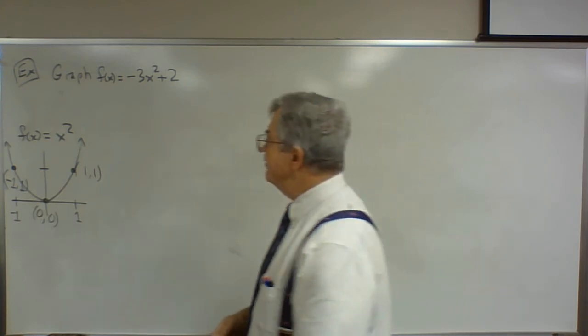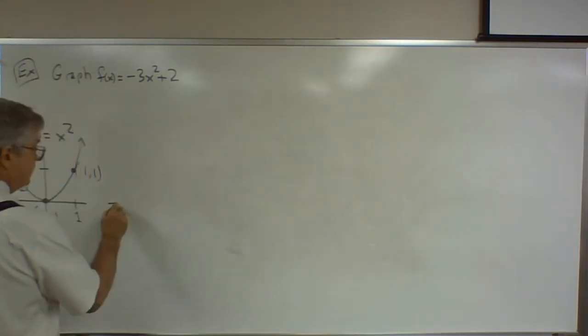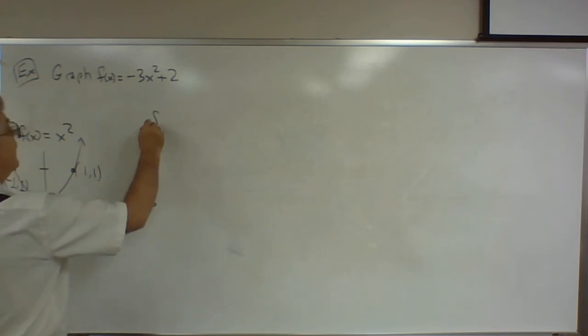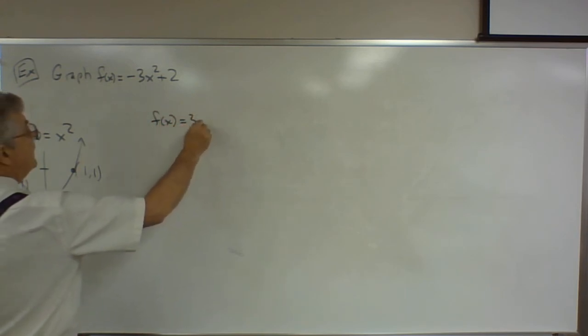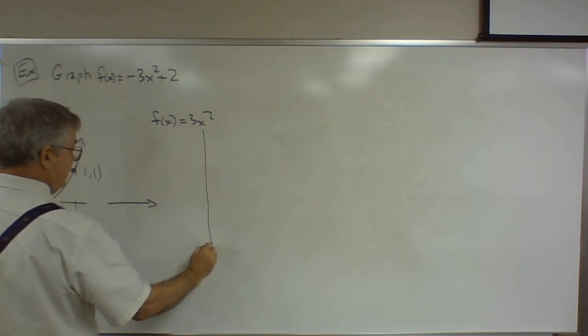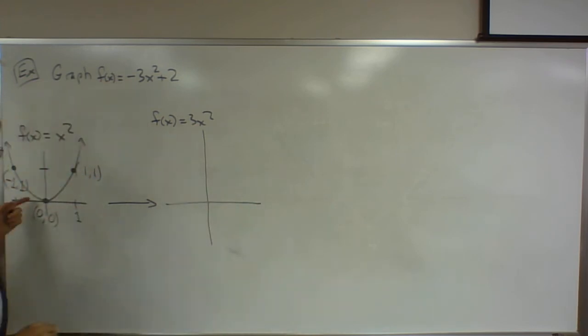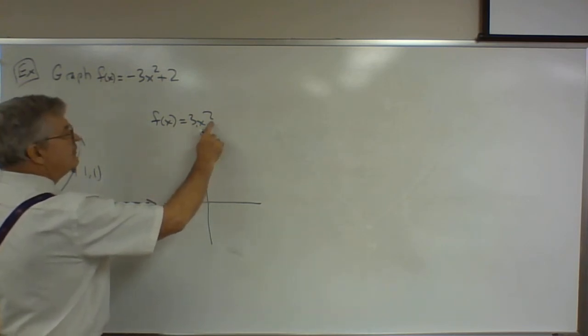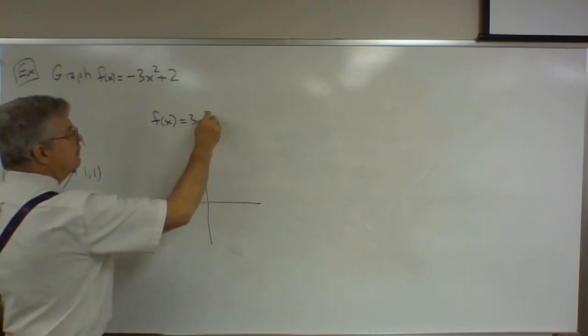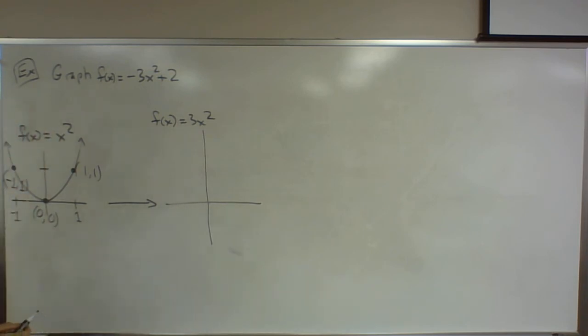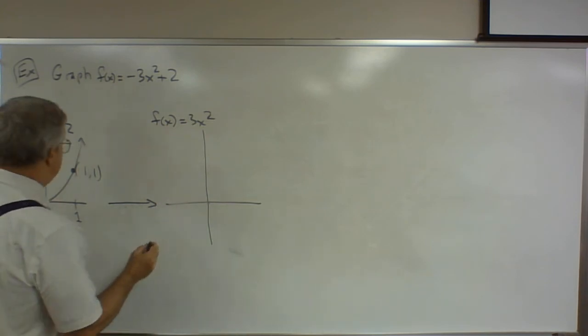The first graph that I want to draw is f of x equals 3x squared. Here's our reference function. Wow, that's a 2. And it looked like a boomerang that hit a rock. How do we get this graph from this graph? We just take the original and stretch it out by a factor of 3.